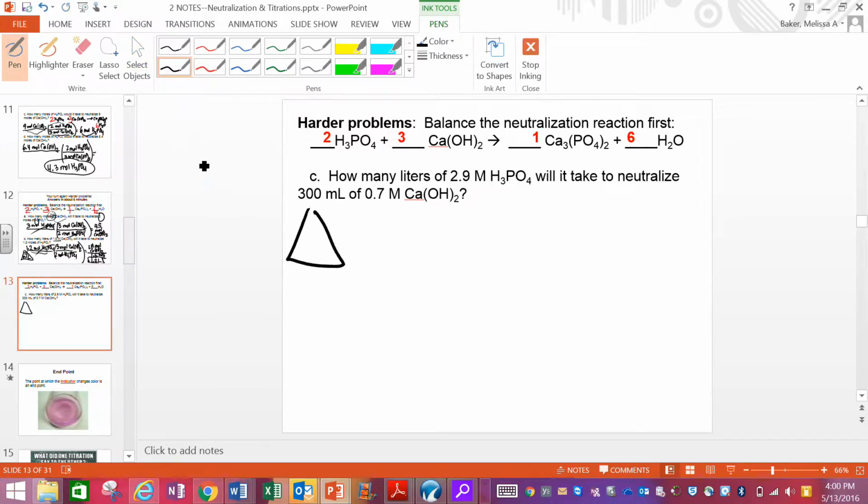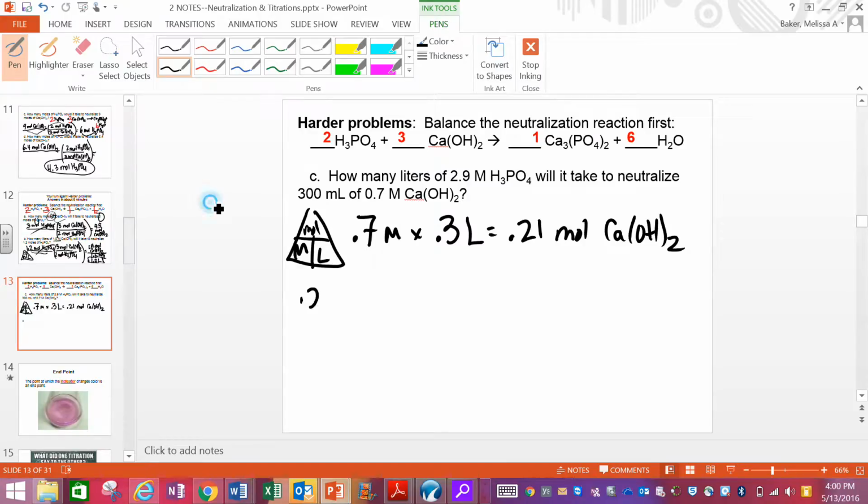So remember our little chart here. Molarity times liters gives you the number of moles. So we've got 0.7 molar solution times 300 divided by 3 is 0.3 liters. We're trying to neutralize 0.21 moles of calcium hydroxide.